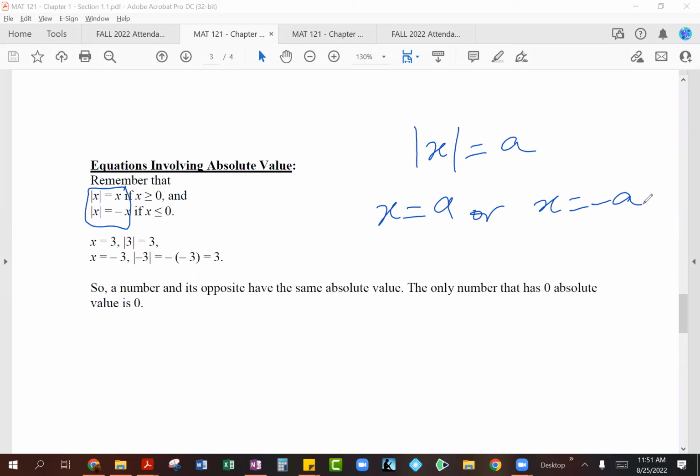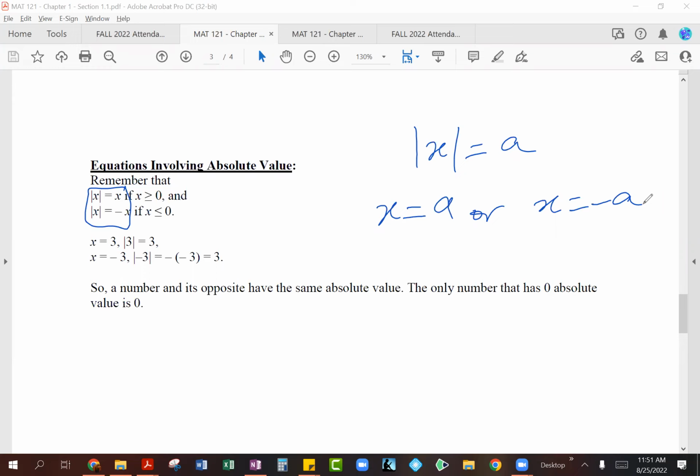One can come from the positive side, one from the negative side. So you will get 2 answers. Now, one of them may not work out, maybe it doesn't give you an answer, maybe your x disappears. All of those things can happen. But when you're setting up an absolute value equation, you do have to set it up in those 2 formats.